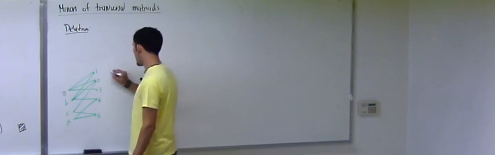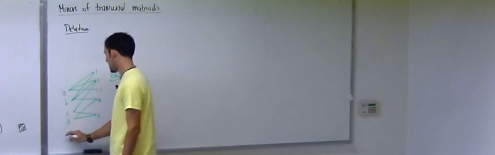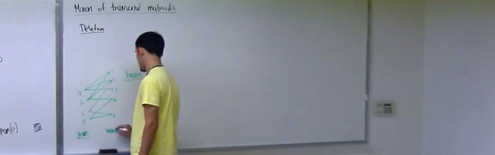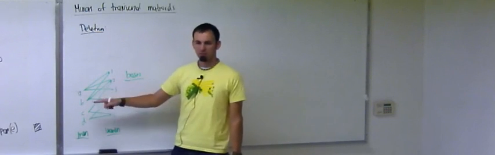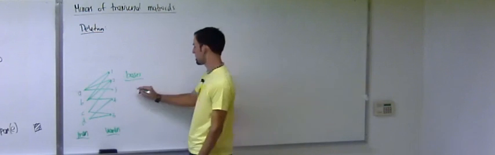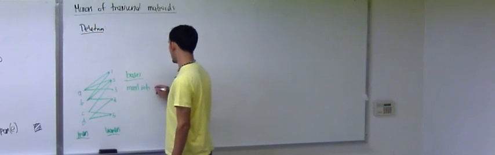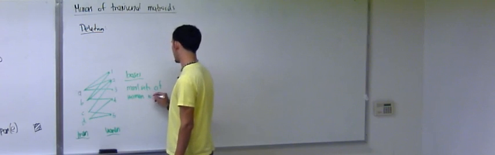And remember that the bases are, if you think of these as men and these as women, then the bases are the maximal sets of women who can marry simultaneously.